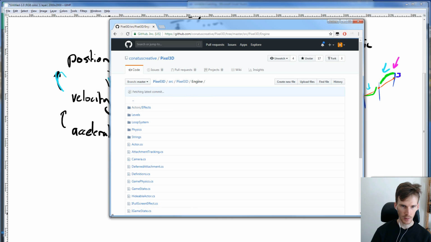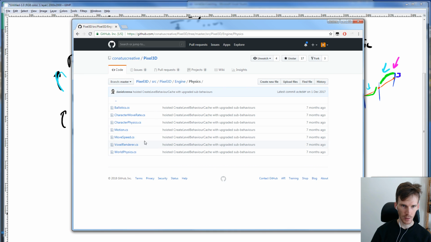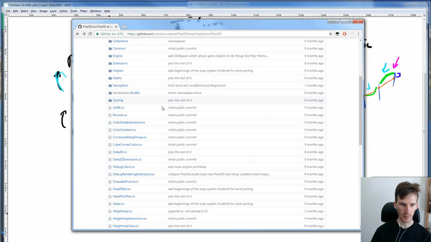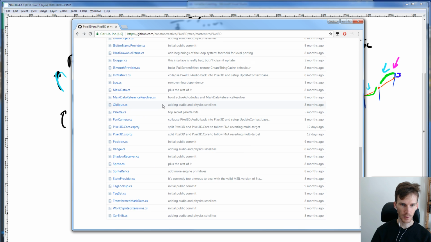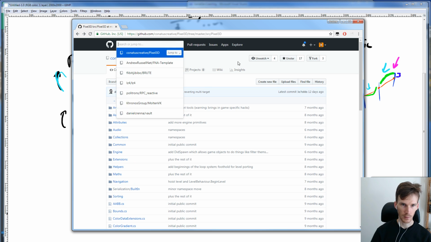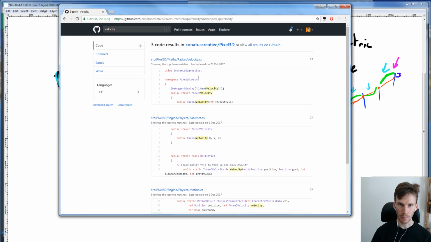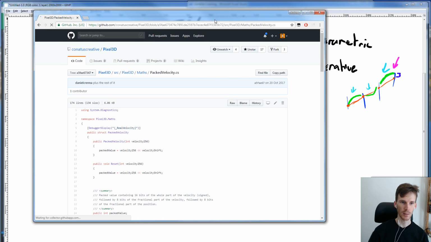Engine and physics. I'm going to guess it's in physics. Might have to search for it. Probably need to reorg some of this. What class are you looking for? Packed velocity. So found it.